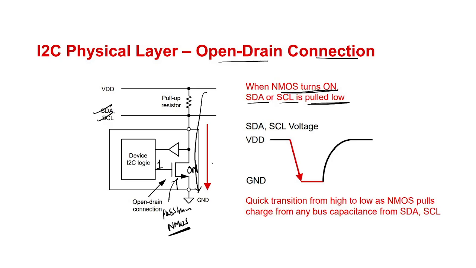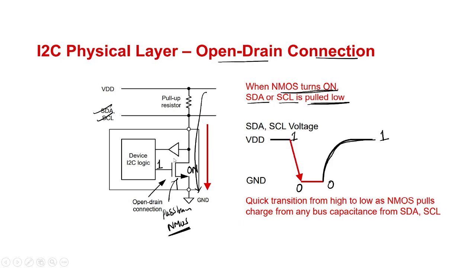But when you release the device and it goes from low to high, there is no quick transition. There is an exponential increase. It goes from high to low quickly, and then from low to high with an exponential rise. This is the basic open drain connection; I2C has an open drain connection.